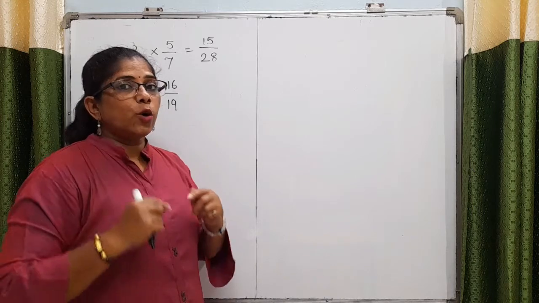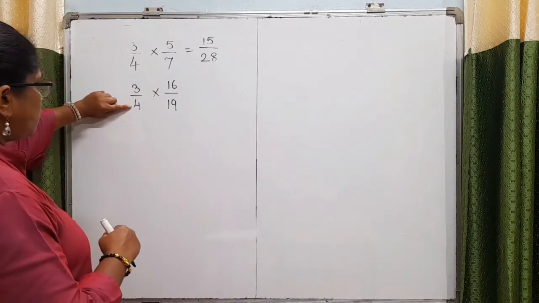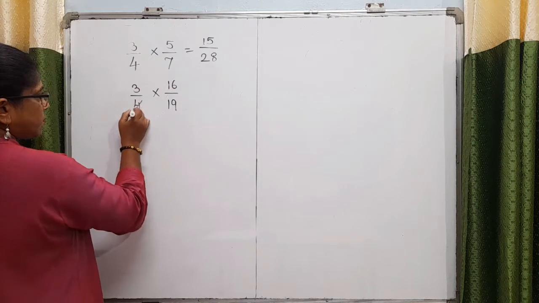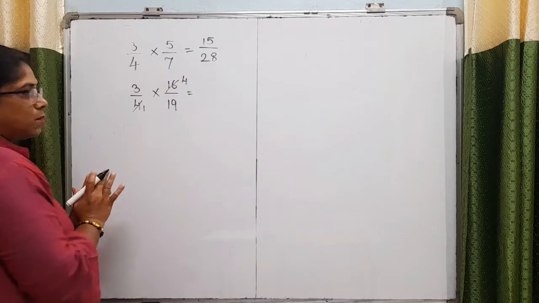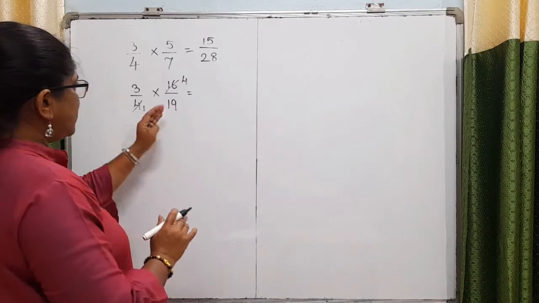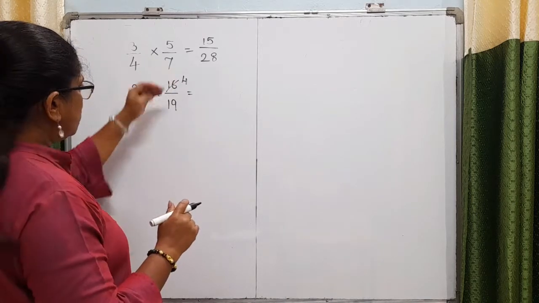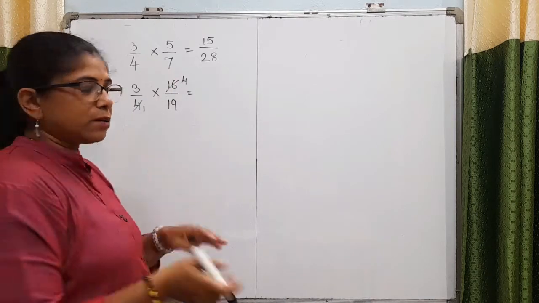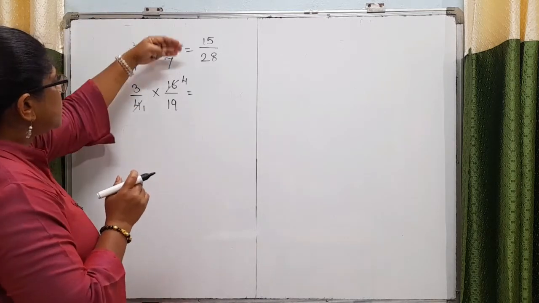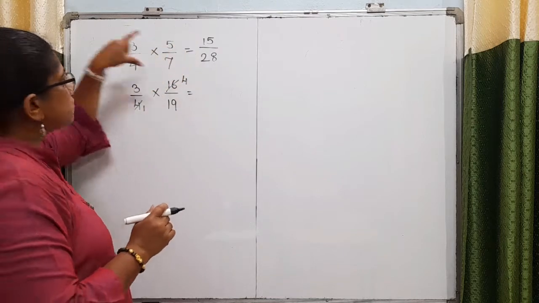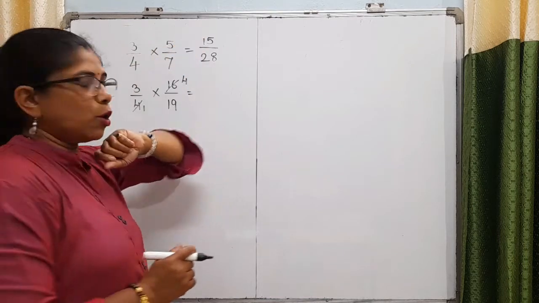Check whether they have any common factor. Now here, 4 and 16. 4 1s are 4, 4 4s are 16. Now here 3 and 19 we cannot cancel. 4 and 19 they don't have any common factor. So we have to keep this fraction as it is. Here we didn't have any common factor here. So we straightaway multiplied the numerators and denominators.